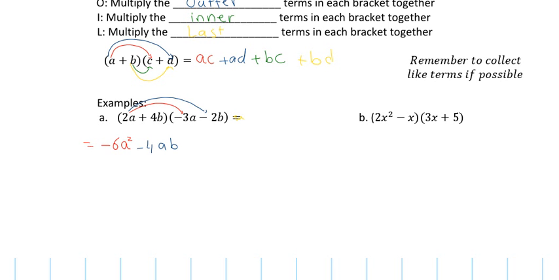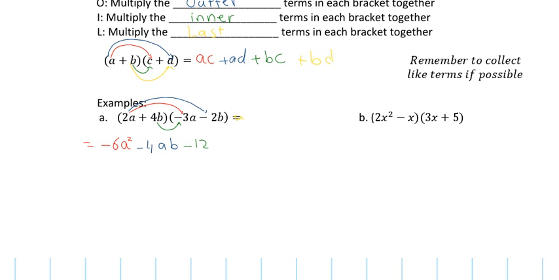What are my inner terms? So what's 4b times negative 3a? Doesn't matter if I write BA or AB. So 2 times 3 and 3 times 2, they're not the same. What's 2 times 3?